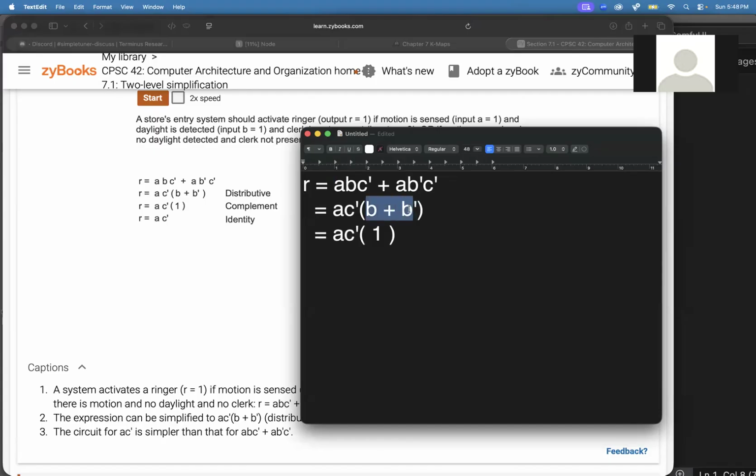So one of these two things is true, and you definitely have a true or not true in here. True or not true is true, which is 1. So you can simplify B or not B as 1, and this original expression for R gives you this simplified expression for R at the end.